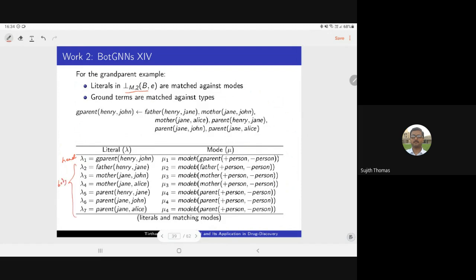Now each literal will be matched against the mode declarations. The first literal will match against the mu1 mode, and the father literal will match with the mode B father plus person minus person, and so on. Mother will match mu3, and the parent literals will all match the fourth mode declaration, mode B parent plus person minus person.